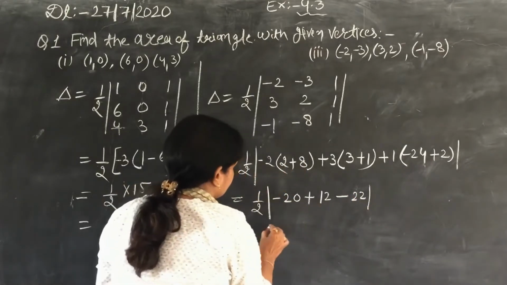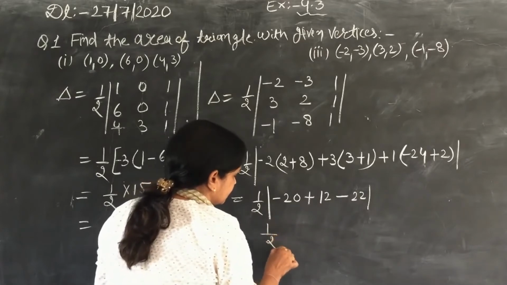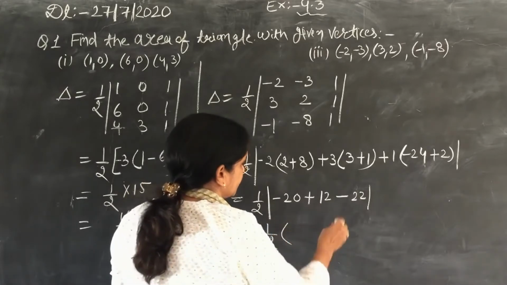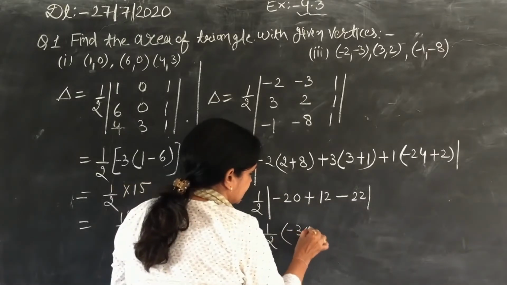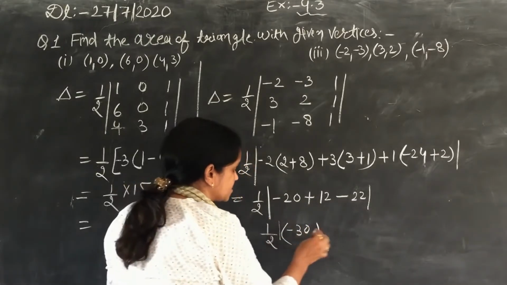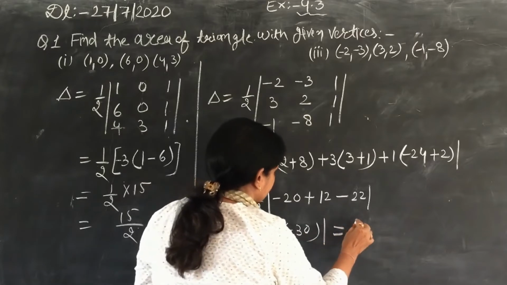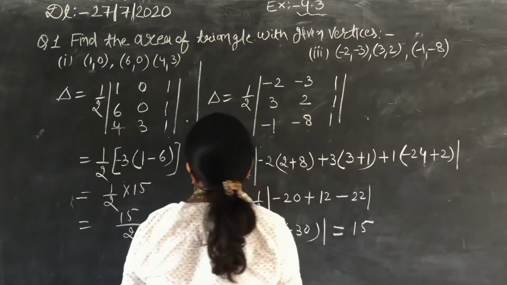Okay. So you will get the answer 1 by 2 into minus 8 minus 30, but take only positive value. Okay. So we will get 15. Okay students.